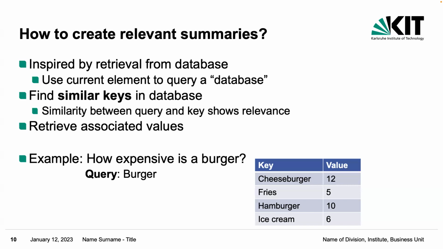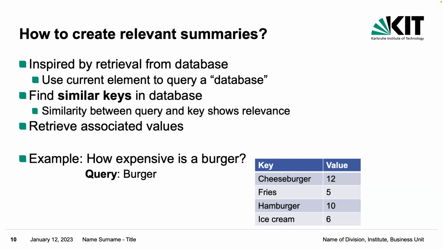So maybe this is a bit abstract. So think about it more or less like in an example. What you have here is a menu from some restaurant. You have the food they have, and they have the prices. So you can think of the key as your food, and the value is the prices. And now you want to know how expensive a burger is.